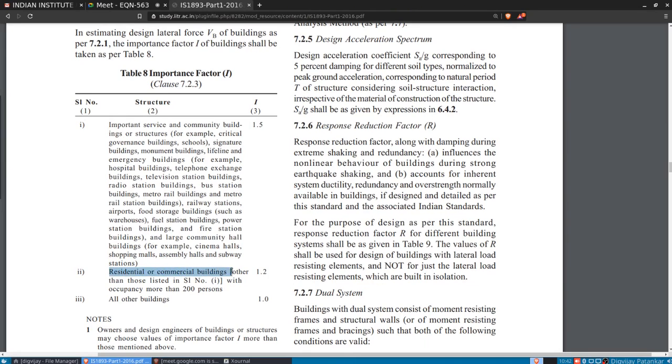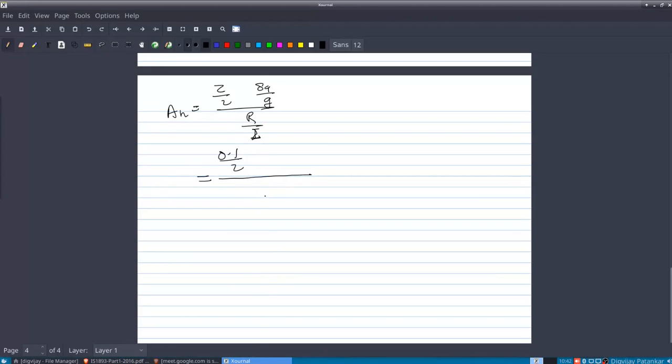Residential or commercial buildings other than those listed in serial number 1 with occupancy more than 200. Now, do you think that a 5-story building will have occupancy more than 200? No, sir. So what should be the value then? Importance factor 1. Yeah. So importance factor should be 1.